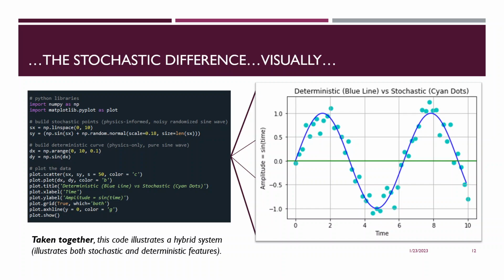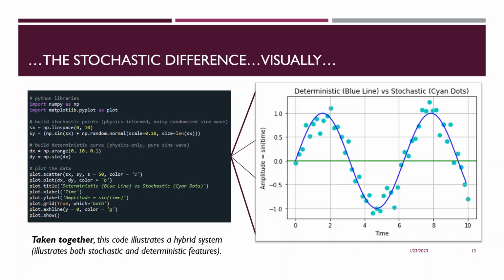This would be considered a static numerical simulation. It's not dynamic. In other words, it's a one-time run. And you hit it one time, and then it does this on the right-hand side. So it plots out the sine wave in blue, right? And again, that's a physically informed phenomenon.